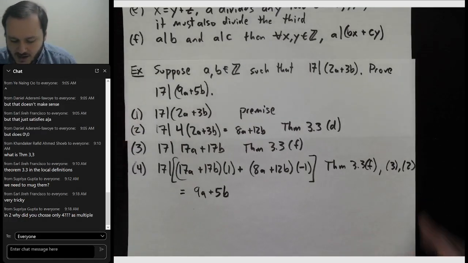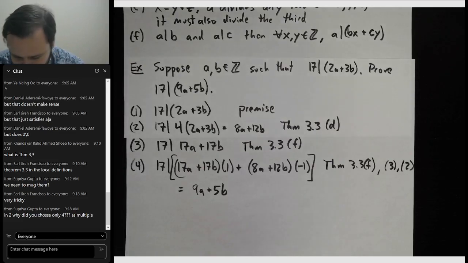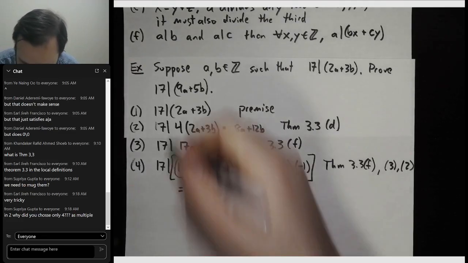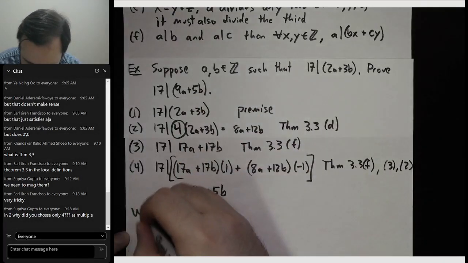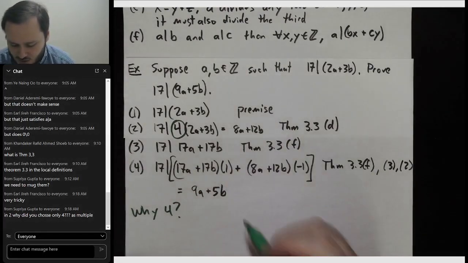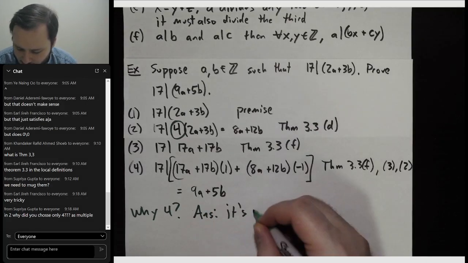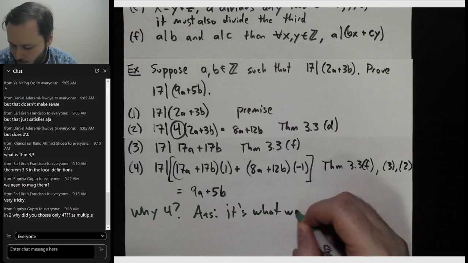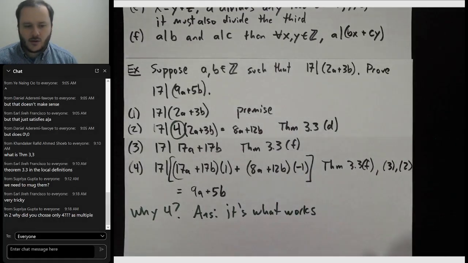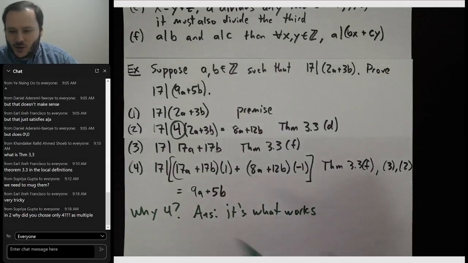I figured out 4 was the right thing to multiply by. So why did I choose 4 in step 2? Where does this 4 come from? Great question. Fantastic question. Answer: it's what works. How do I know it's what works? I didn't. I tried a whole bunch of stuff.